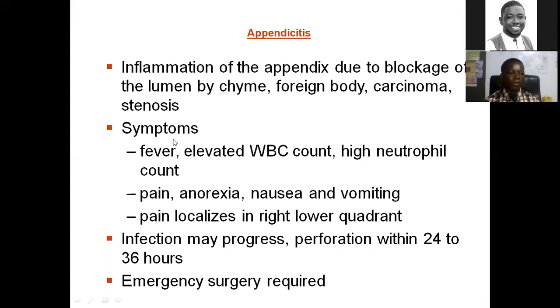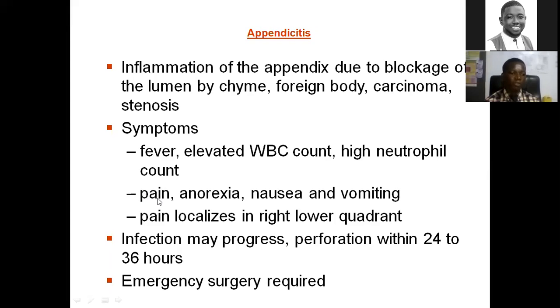People with appendicitis usually feel pain within a particular region we call the iliac fossa. Within the iliac fossa, you are more likely to experience severe pain, and it is tender when you touch that area.